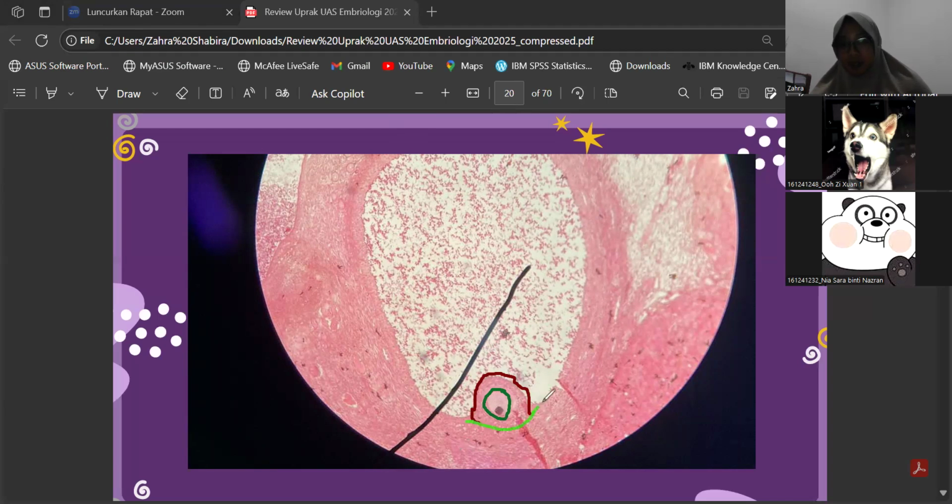This is the cumulus oophorus, yeah, cumulus oophorus over here, and then change to the blue one. Stratum of cumulus cells surrounding the antrum. This is theca interna and theca externa.